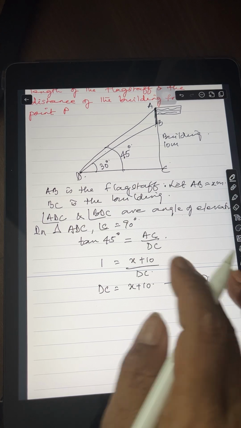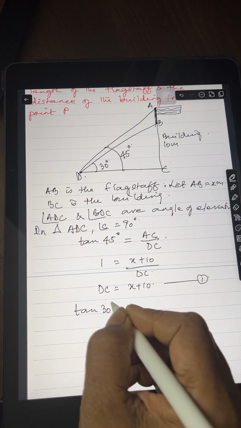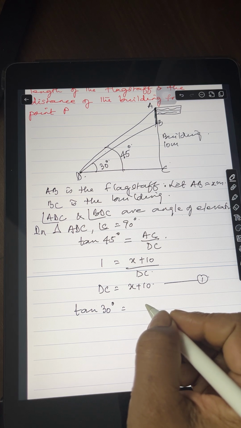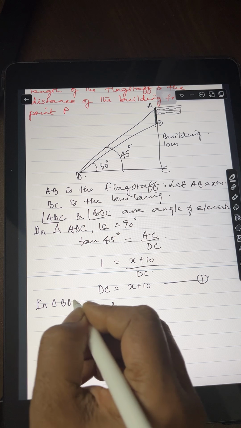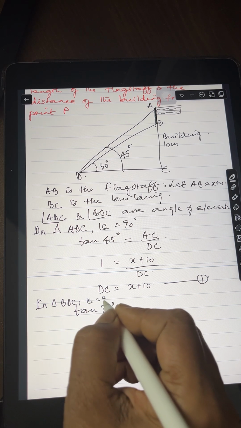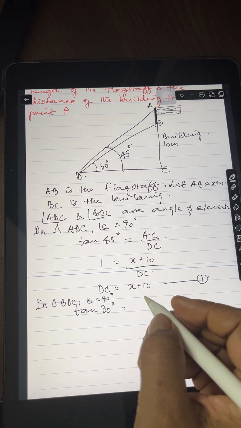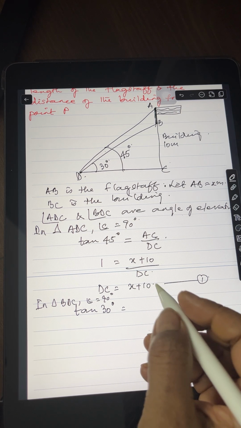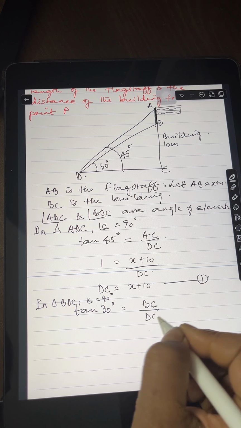Now you will have to take tan 30. Tan 30 degree is what? In triangle BDC, angle C is equal to 90 degree. So tan 30 is equal to BC by DC.